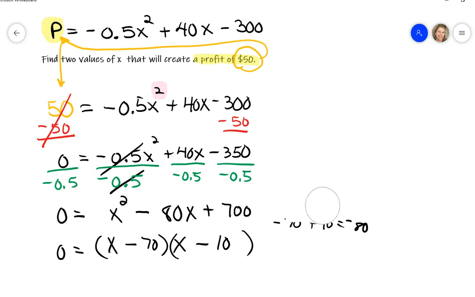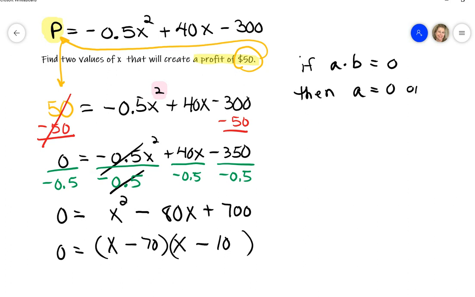Okay? Now, since they're both set equal to 0, in order to solve this, there is this old saying that says, if A times B is equal to 0, then either A is equal to 0 or the B is equal to 0.